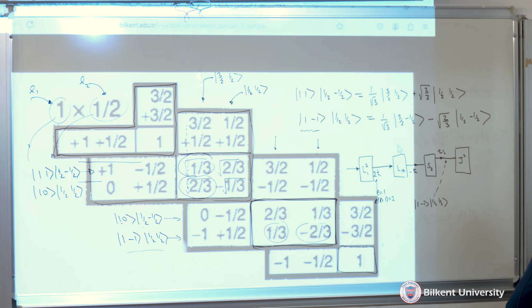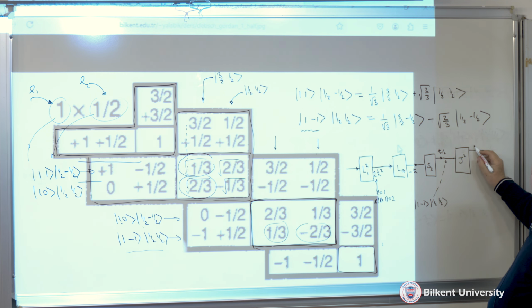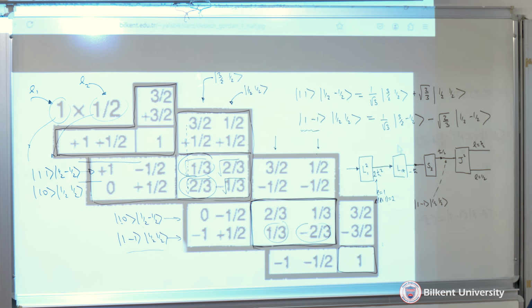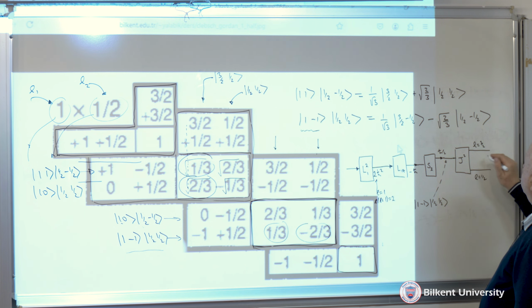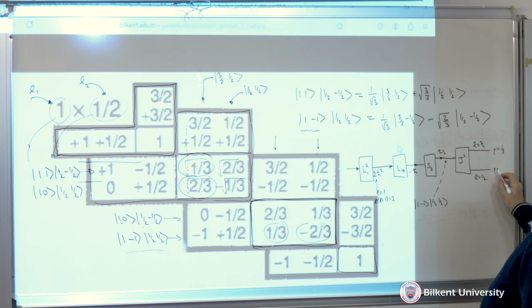Now, if I want to measure J squared, there are two possibilities. I can either get a J equal to 3/2 measurement or a J equal to 1/2 measurement. Those are the only possibilities. And what are the probabilities? The probability of this one is equal to 1/3. The probability of this one is 2/3.